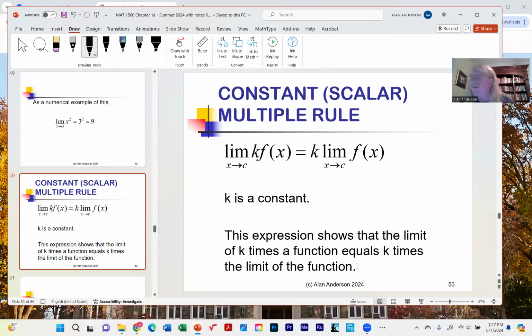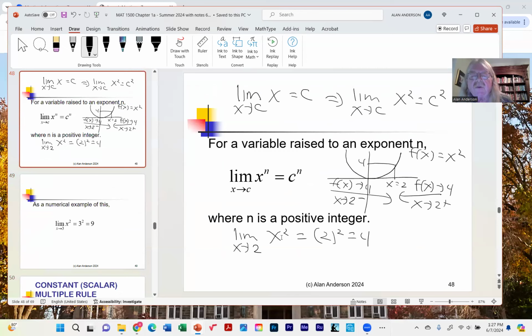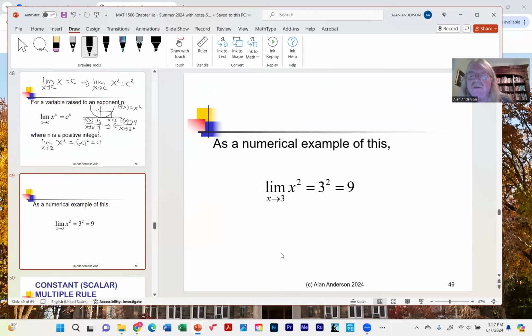So, for example, the limit. And then in turn, now remember the way this worked out, the limit of x squared as x approaches 2 is 2 squared.